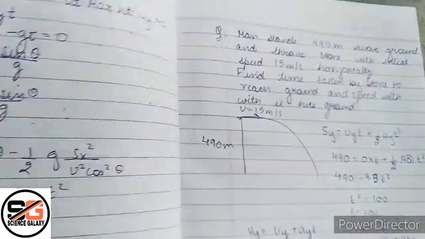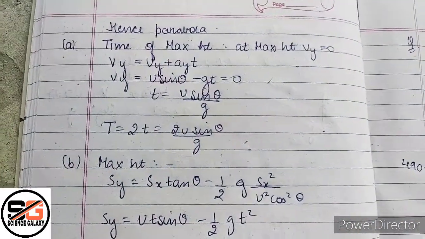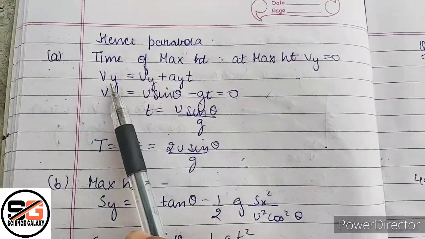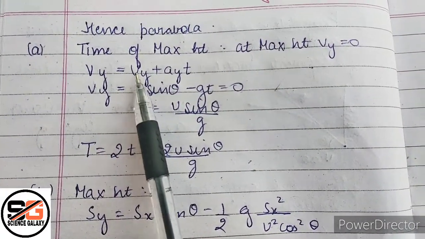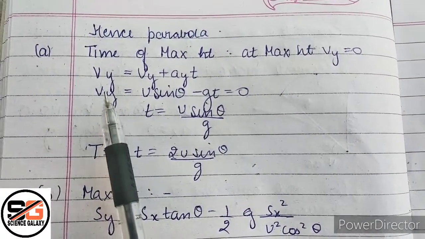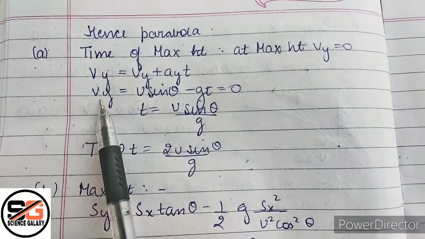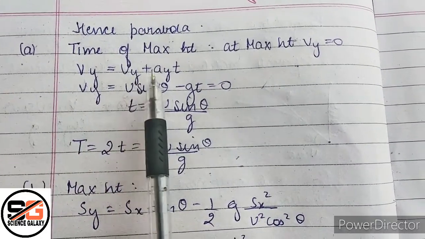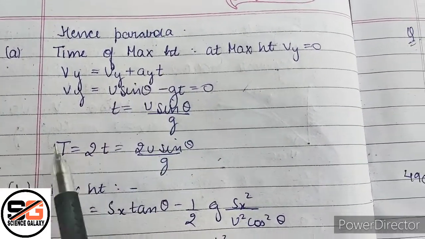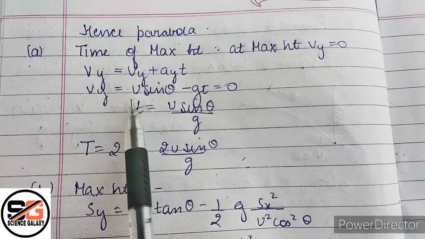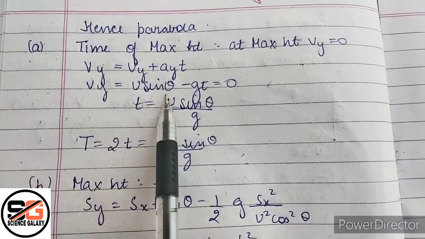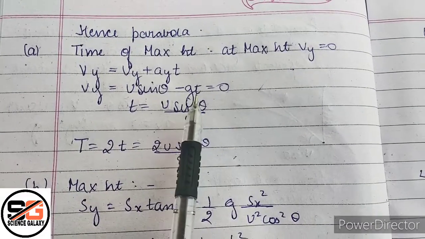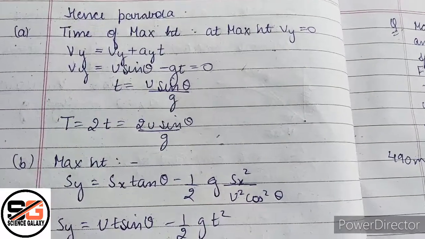So we know v is equal to u plus at. In the y direction, Vy is equal to uy plus ay into t. Uy is equal to u sin theta. Ay is equal to minus g into t.